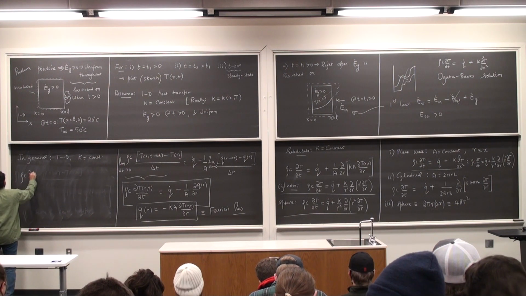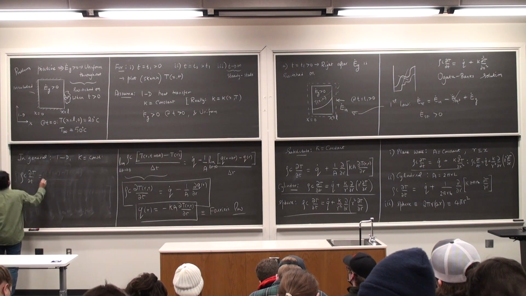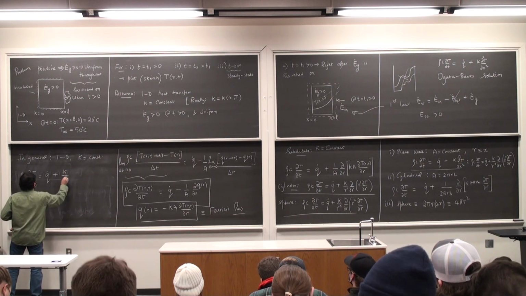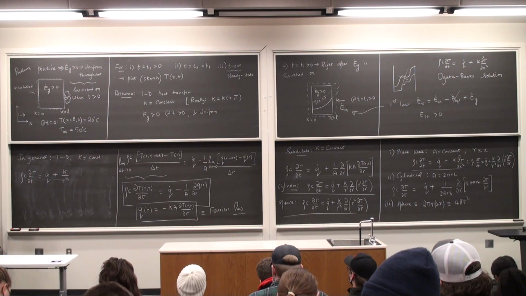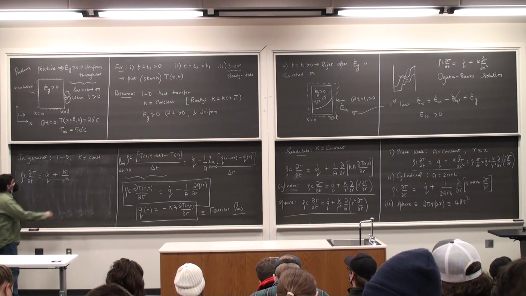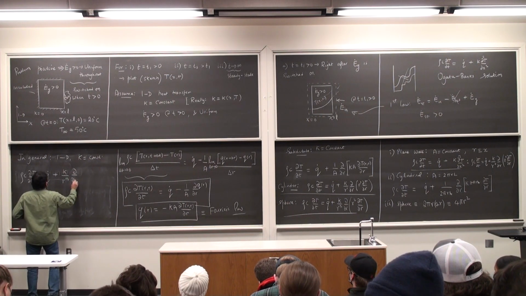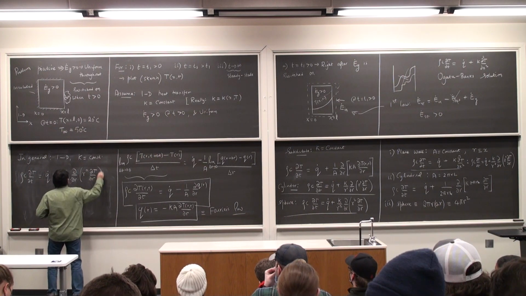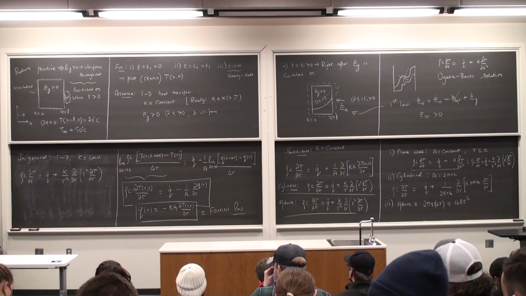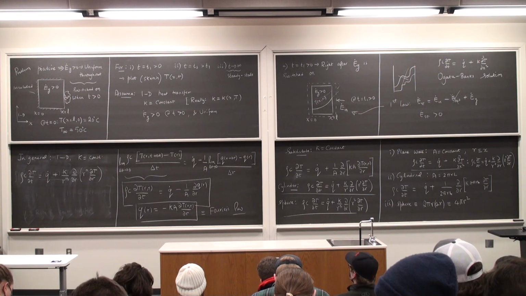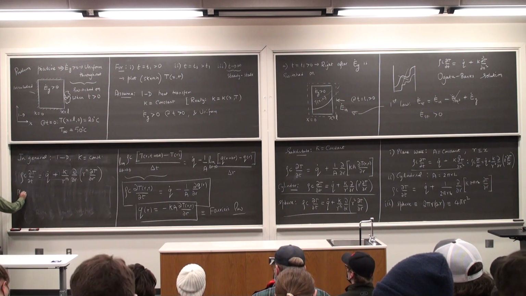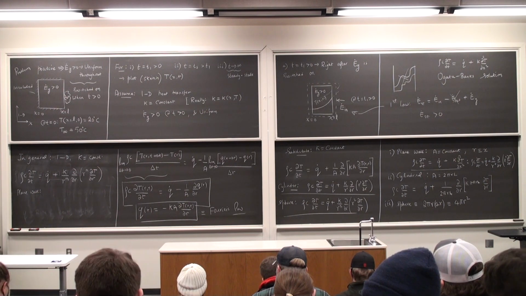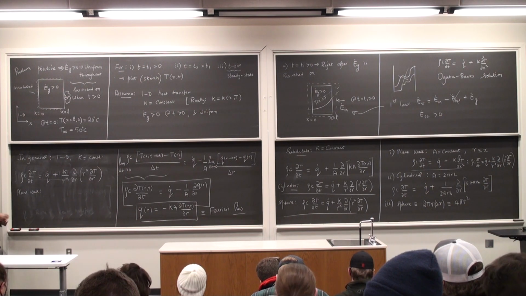Rho times c dT by dt is q dot plus k by r to the power n d by dr of r to the power n dT by dr, where if I have a plane wall, n is equal to 0, r is the same as x.